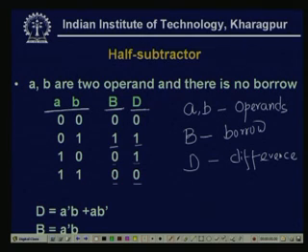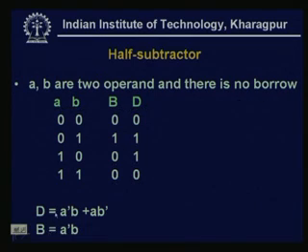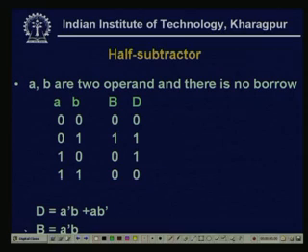Now, this truth table we can express, or we can draw the Karnaugh map for this, one for B and one for D, and then we will get the expressions for D and B. In this way we get D equal to A dash B plus A B dash, because we can notice that this D value is the same as that of the sum of the addition operation.